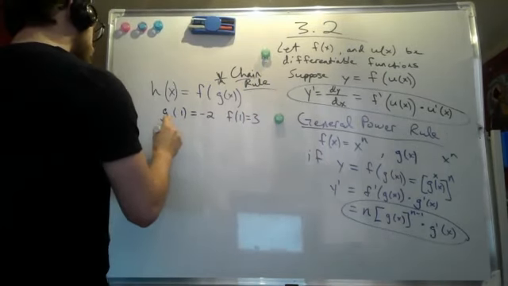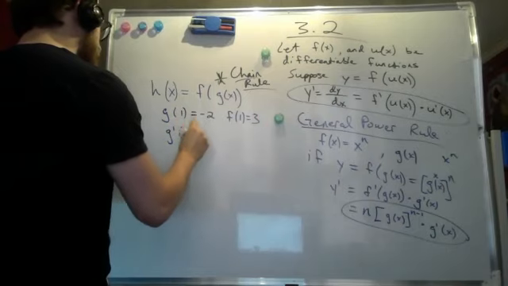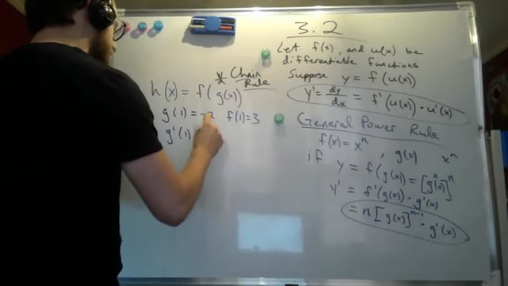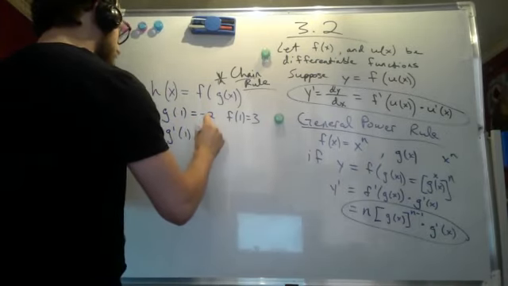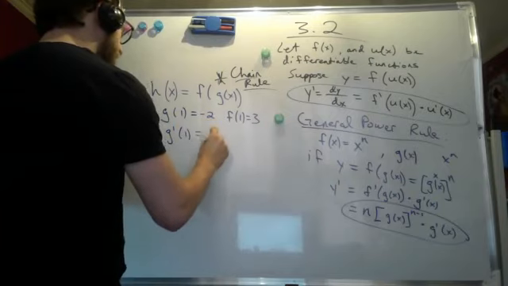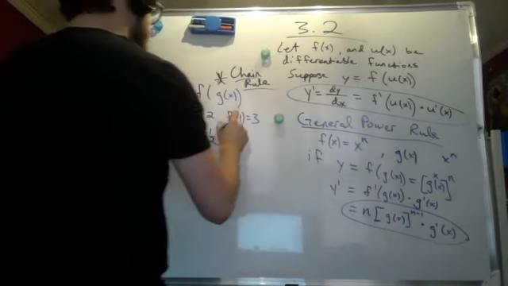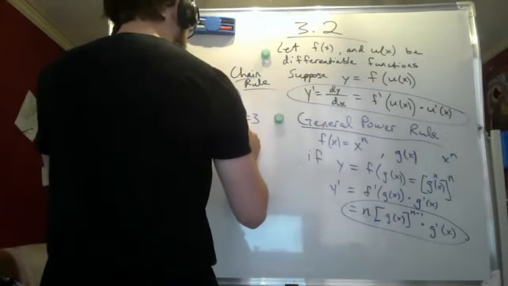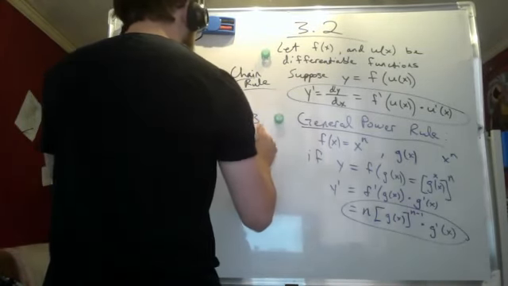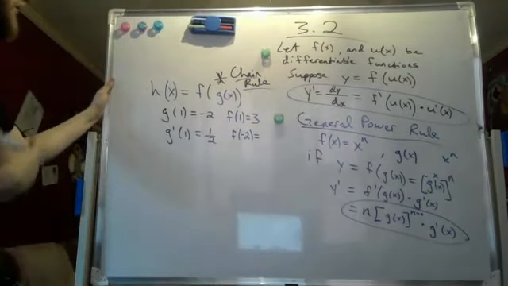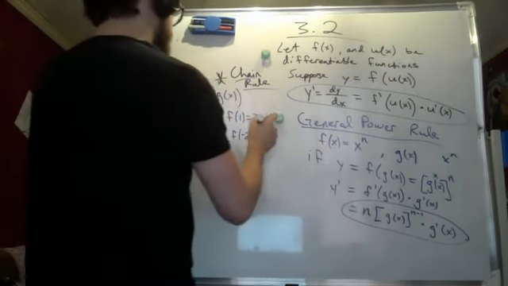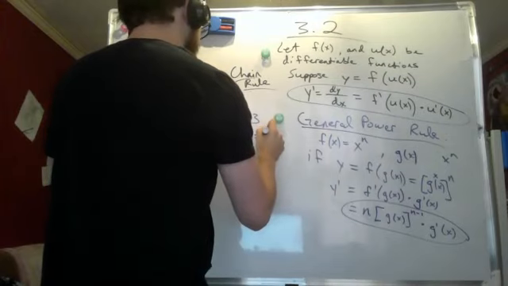And maybe they tell you g prime of 1 is 1/2. And maybe they tell you f of -2 is, let's say, 6.